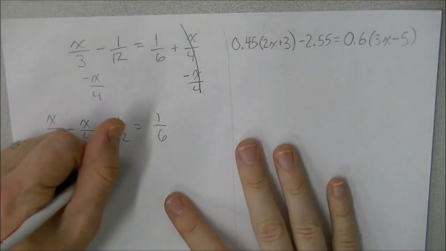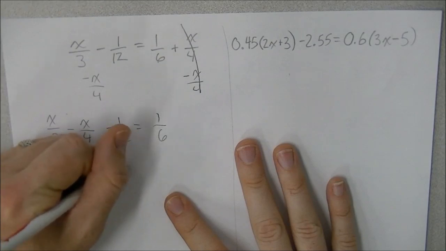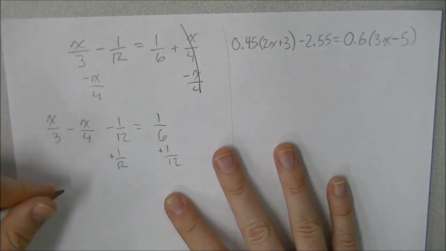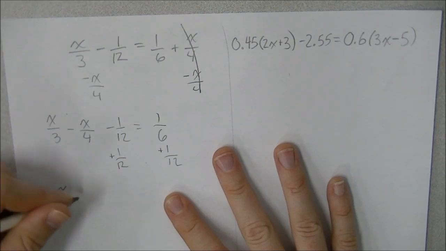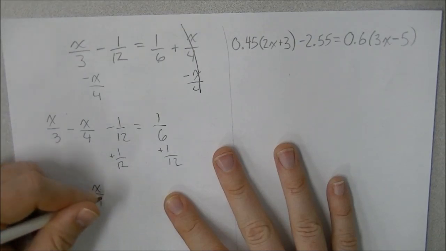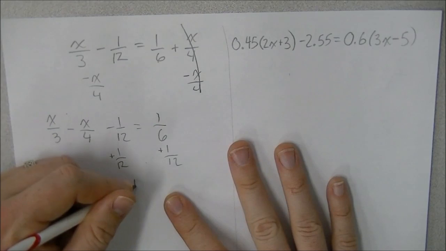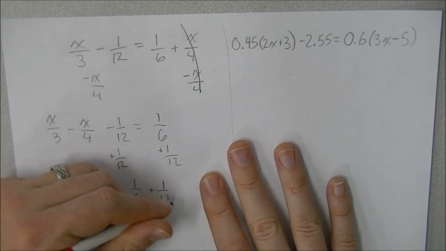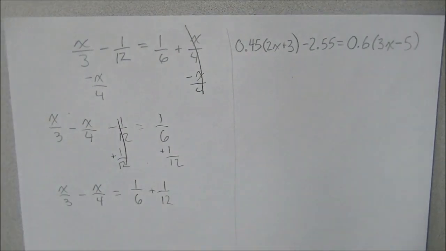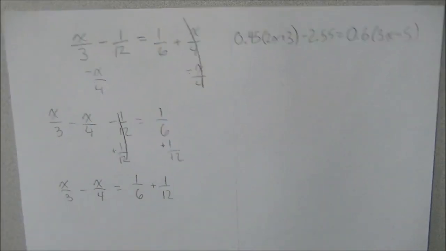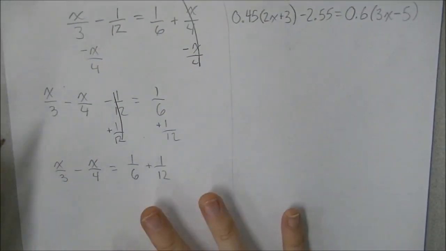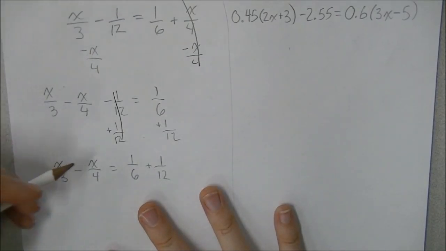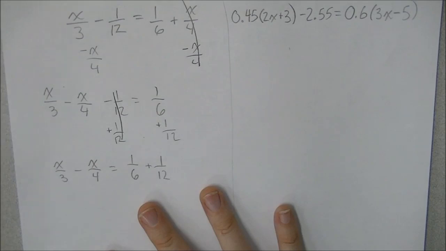Okay, now I'm going to add 1/12 to both sides. So what I have now is x over 3 minus x over 4 is equal to 1/6 plus 1/12. So now I have a third x minus a quarter x.